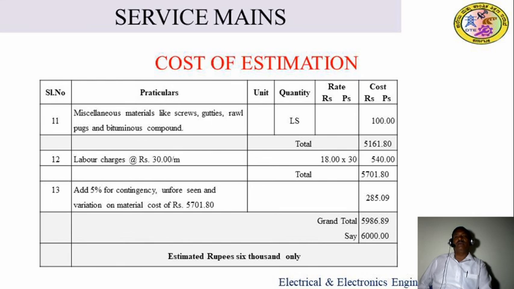And next we have solved different problems on overhead as well as underground: single phase overhead, three phase overhead, single phase underground, and three phase underground. By this method we calculated the required cost for providing an electrical power supply. So this is simply what we call service mains.